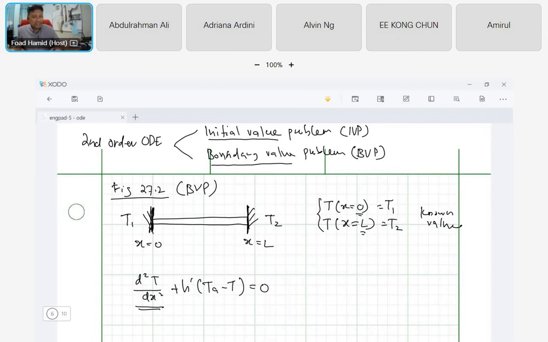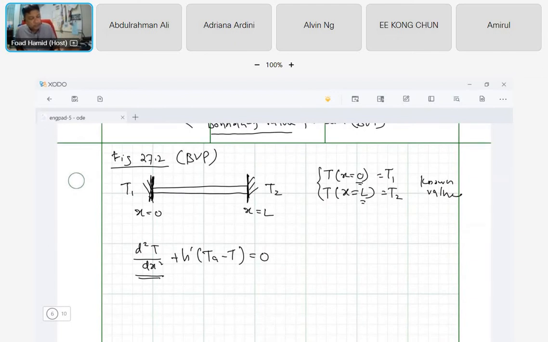Okay, so in this case, since this is a BVP, if you look at the textbook, there are generally two methods, but we are going to concentrate on only one method. The first method is what we call the shooting method. I don't like the shooting method because it is guessing.